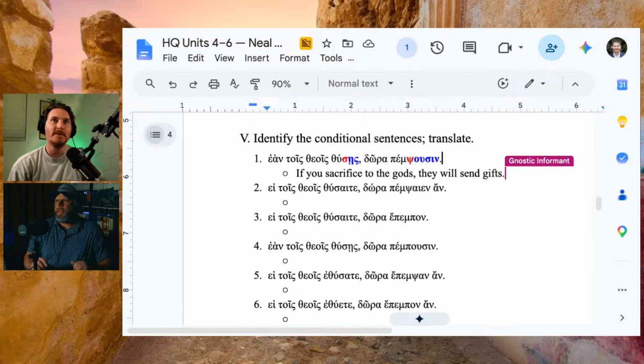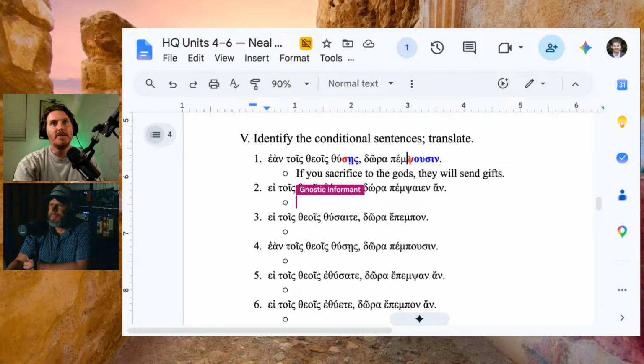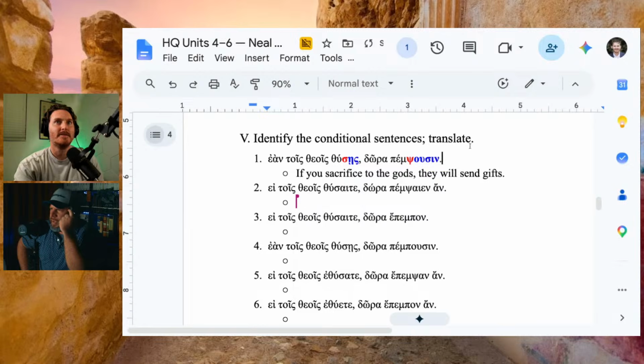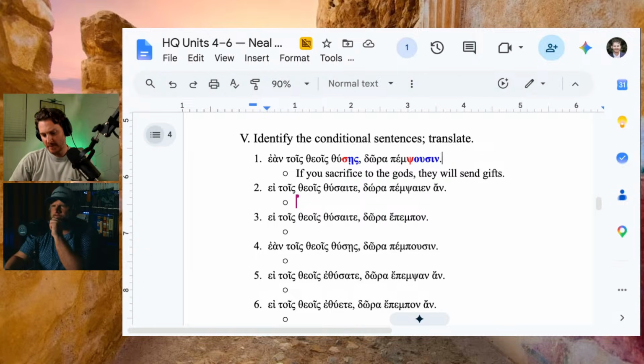Pemsusin. Just so everybody's aware, this is p and s together in a psi. But the root is pemp. What's that noise? Sorry, it's my Amber Alert on my phone. That happens on my phone all the time.